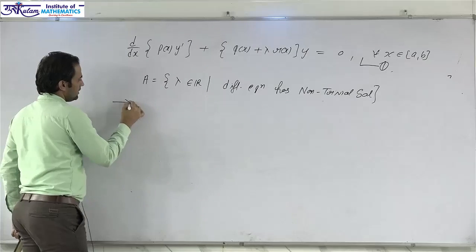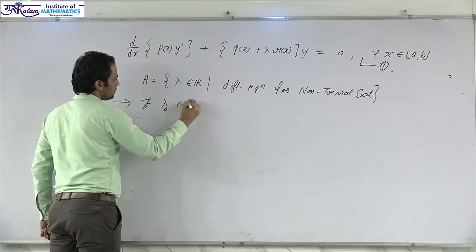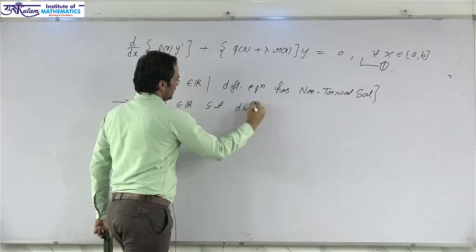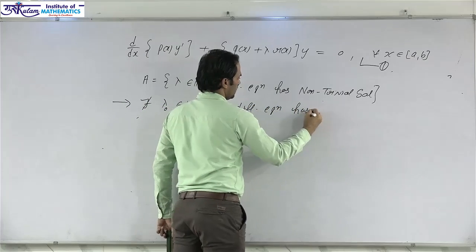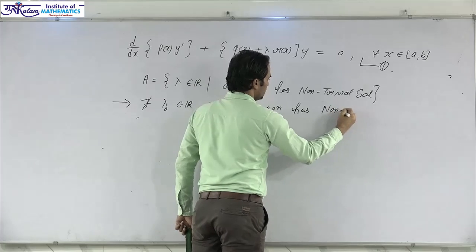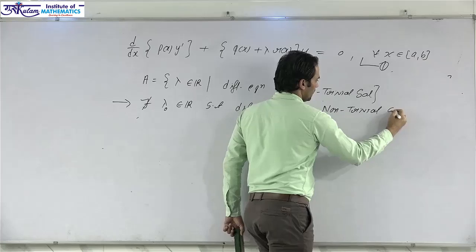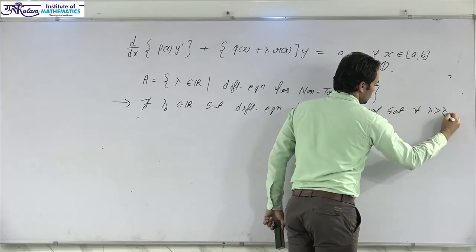So, another property is that there does not exist lambda naught belongs to R such that the differential equation has a non-trivial solution for every lambda greater than lambda naught.